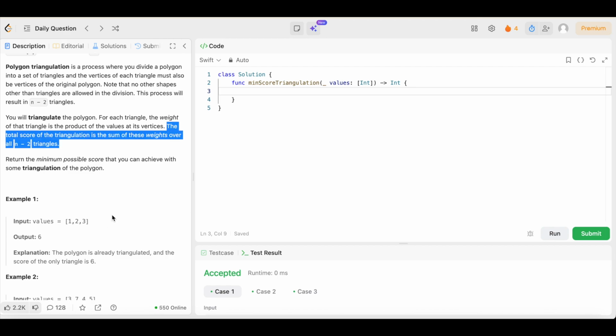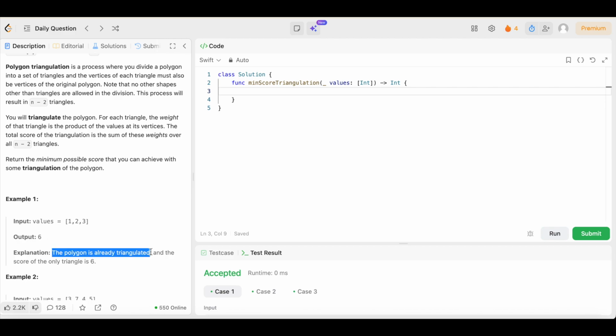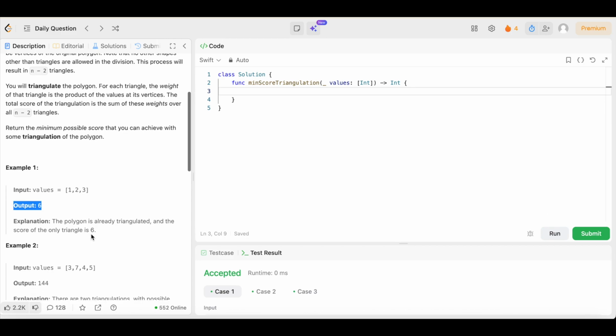Since there's only one triangle, there's only one weight, and that weight is 6. So the score will be 6 as well, and that's why the output is 6. The explanation says the polygon is already triangulated because it's already a triangle, and the score of the only triangle is 6. So we don't have to add up any other weights because there's only one weight, which is 6.